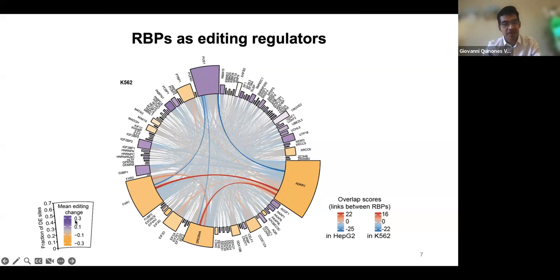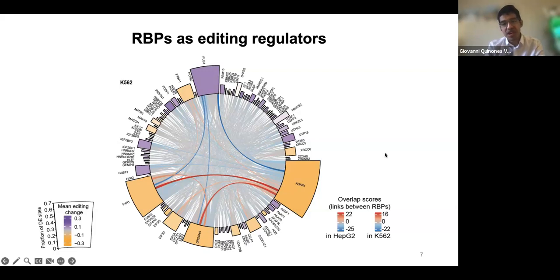The color of the bars indicates the overall direction of editing change. So for example, bars that are more in yellow that have a negative value, these are RBPs that when you knock them out, you have lower RNA editing compared to the control.